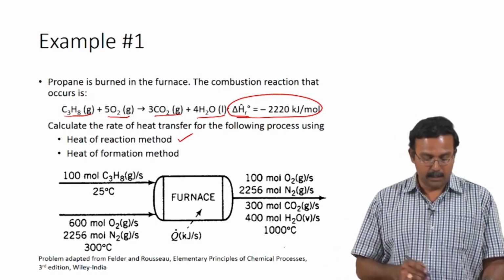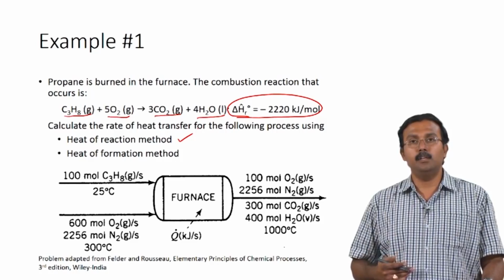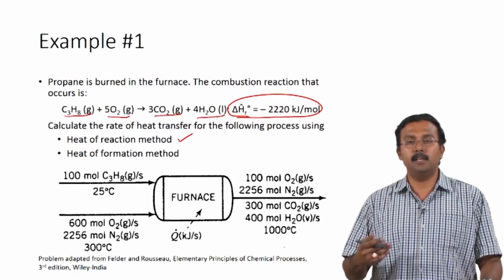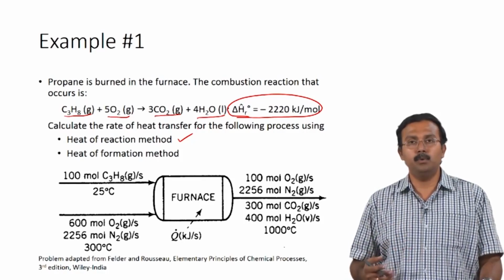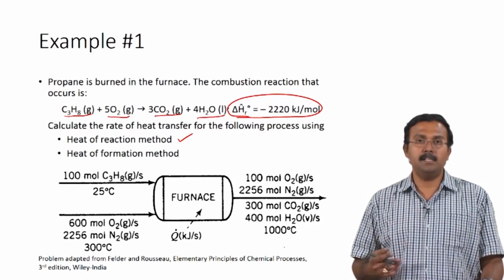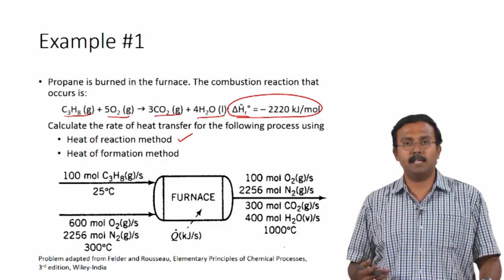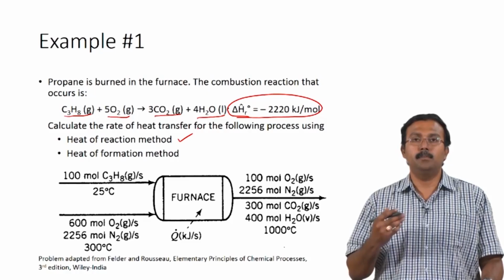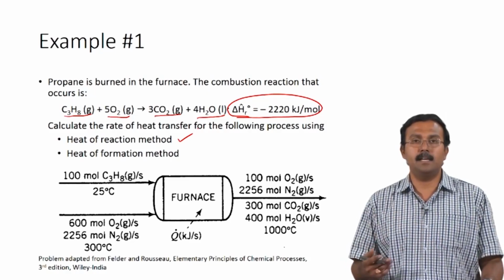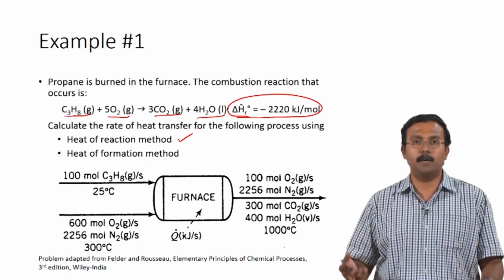The second method is the heat of formation method. Here you would inherently use the heat of reaction instead of explicitly using it. How you do that is you use the reference states which would be used for the formation reaction. We already know what a formation reaction is: elements which exist in their native forms come together to form a compound.